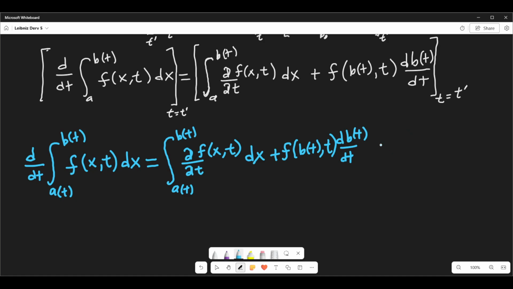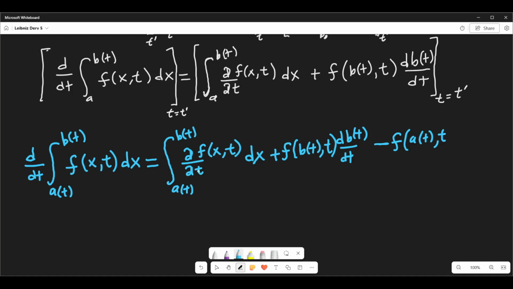And then in this case, if the boundary moves forward, it's actually reducing the area inside the integral. So this is actually a negative, and this turns out to be the function at a of t times da dt.